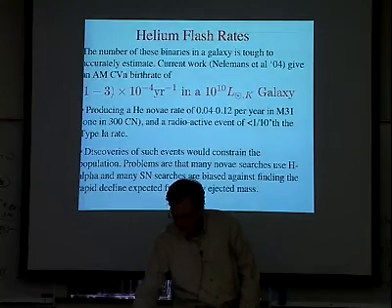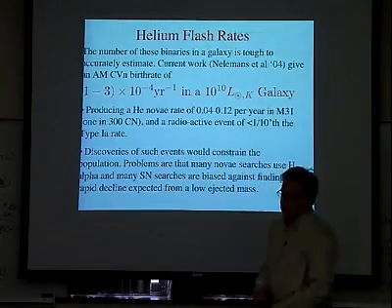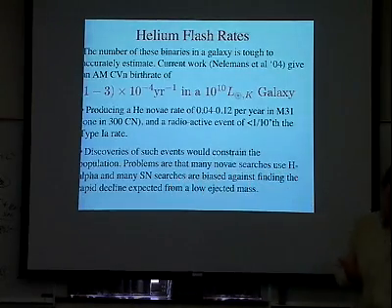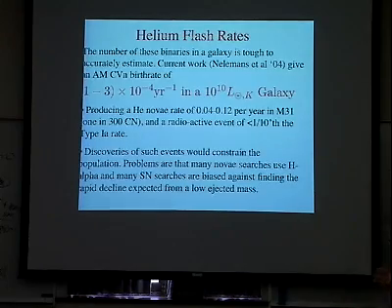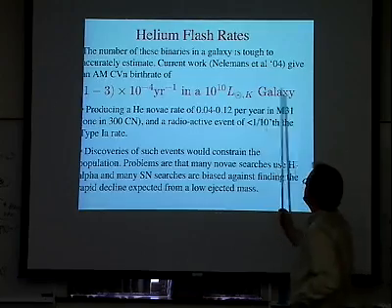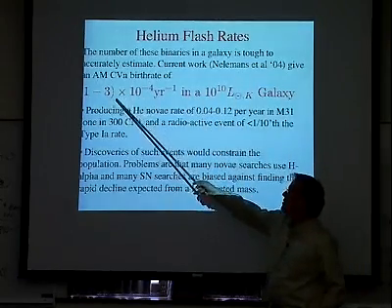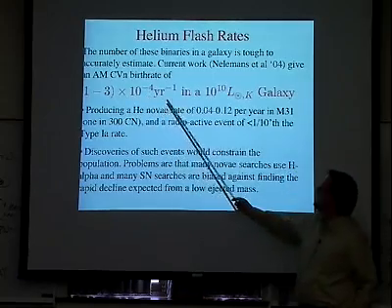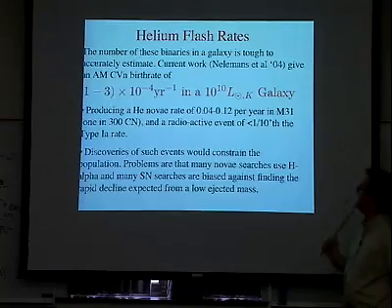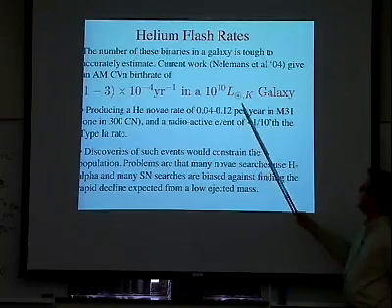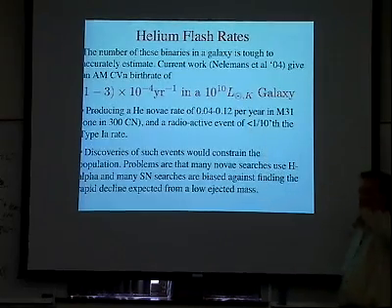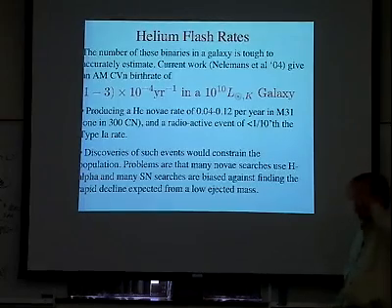So what are these flash rates? In our galaxy, you just get what you get from the optical surveys. If we take the current rate, here's the birth rate of these types of binaries in our galaxy, or so we think. It's about 1 to 3 times 10 to the minus 4 per year in a 10 to the 10 L-sun galaxy. We now know how many helium novae we get: about 20 per system.